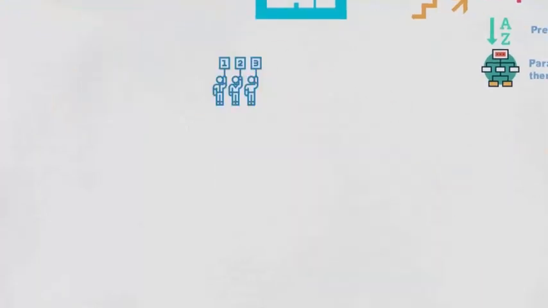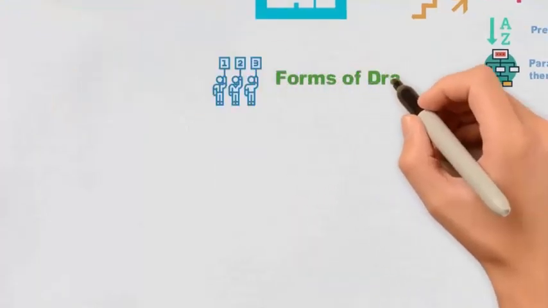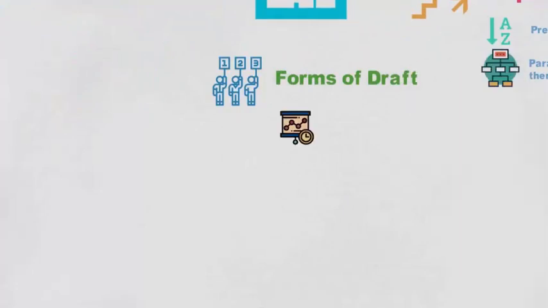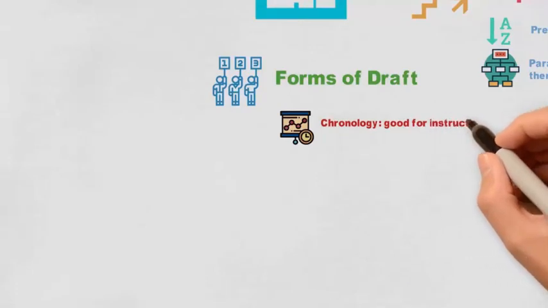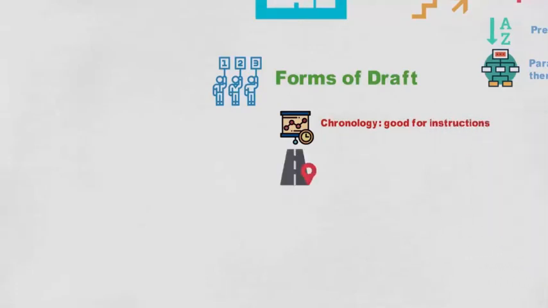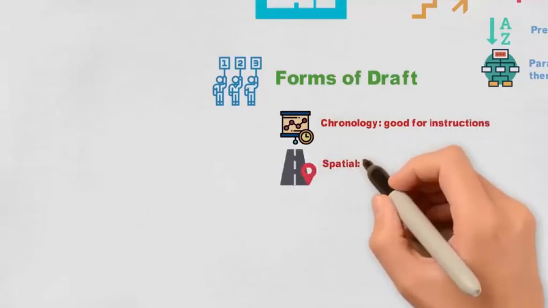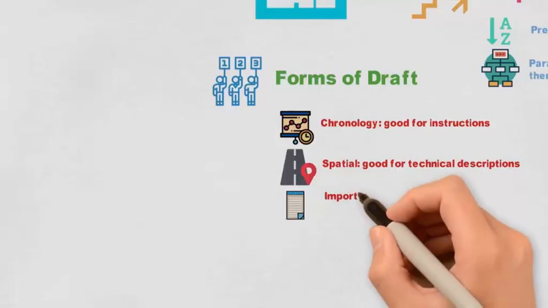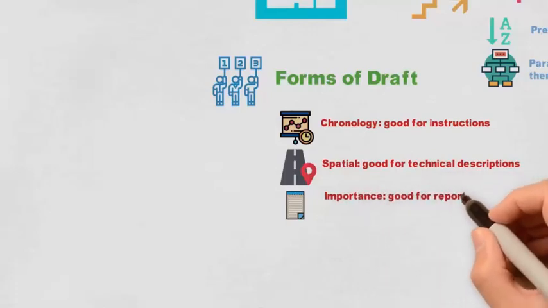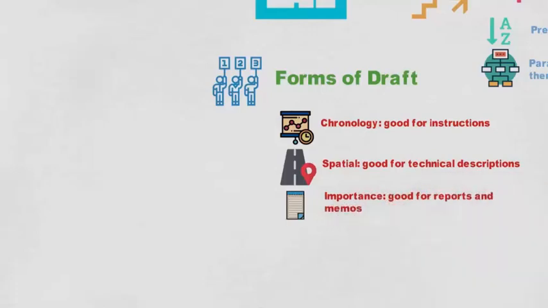There are 5 forms in which you could organize your draft. First and simplest is the chronological method of organization, which is typically used for instructions. Next, we have the spatial method, which is usually adopted for technical descriptions. To share important information, you write reports and memos.